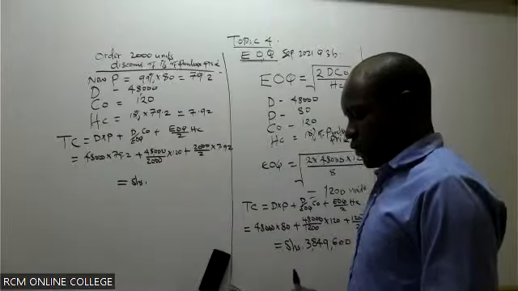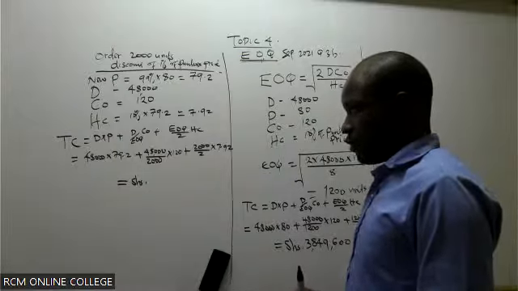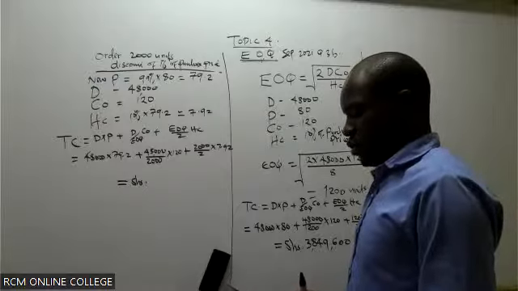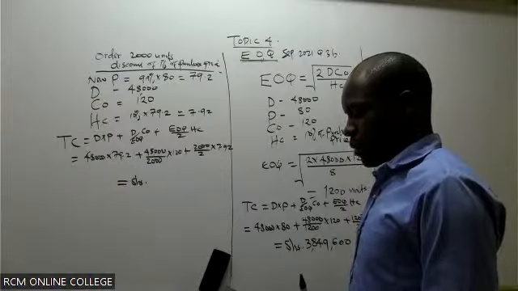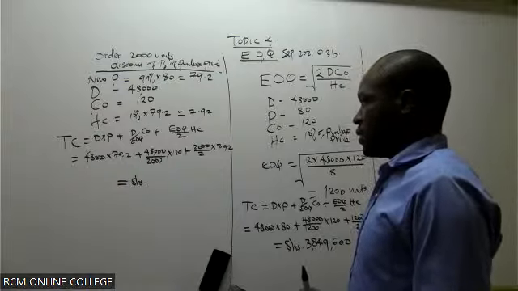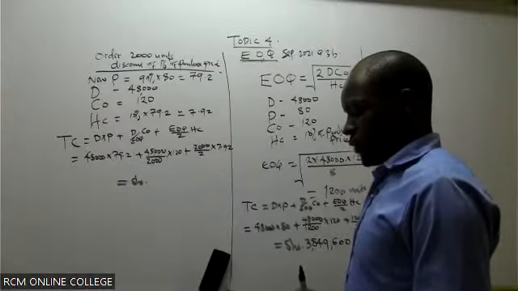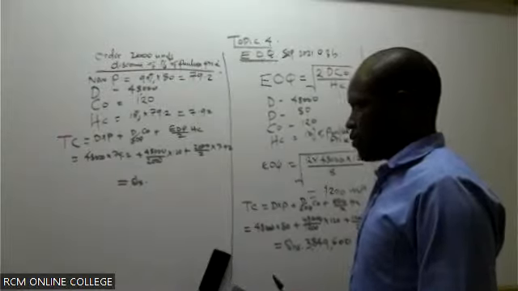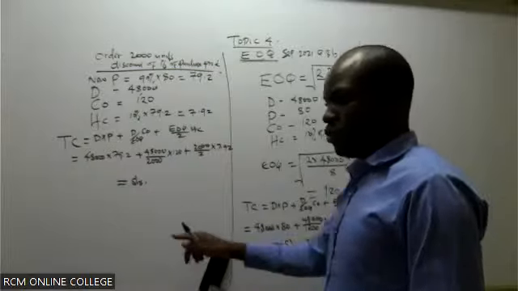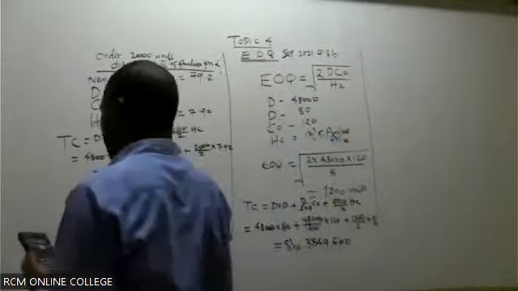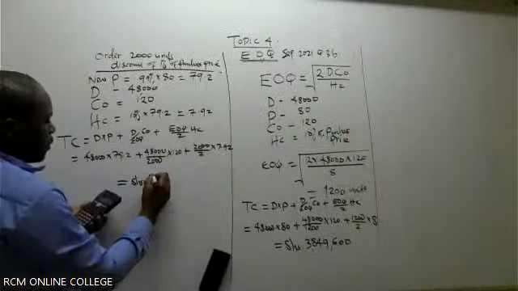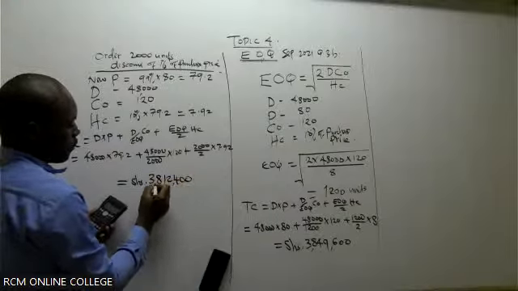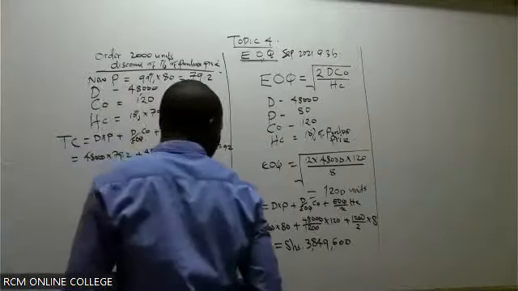We add 48,000 times 7.92, 79.2, plus 1,000 times 7.9. This one should be giving us 12,400. So whoever is getting something away from this, just know something is wrong.